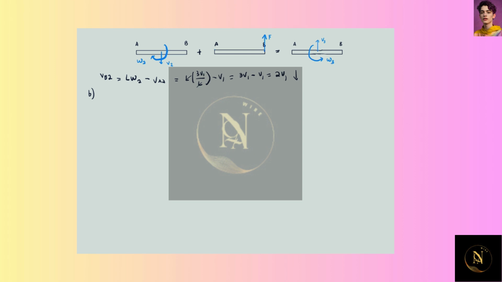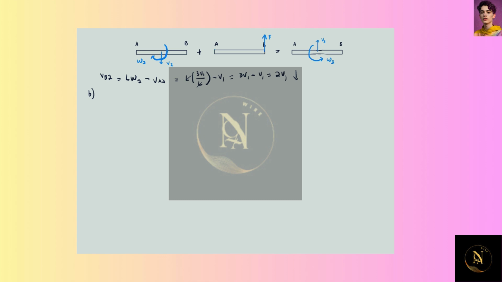This produces an impulse at point B. The impact causes the rod to rotate with an angular velocity omega 3, and its mass center now moves with a velocity V3. When the rod hits point B, it will bounce off and move upward with a velocity vB3.